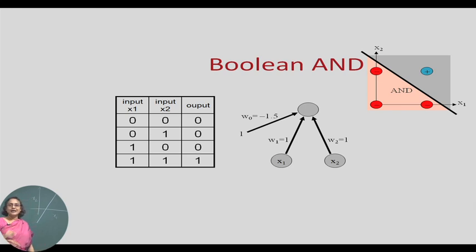So, for example, if I set W1 equal to 1, W2 equal to 1 and W0 equal to minus 1.5, it will denote a decision surface which works for this AND function. There could be other combinations of weights also which work for the AND function, but this is one combination of weights which implements the AND function.